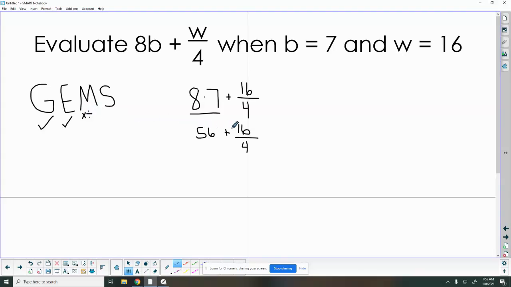So there's an add. Oh, here's a divide sign. So 16 divided by 4. So we are doing this part here. So go ahead and do that. Bring everything else down. So 16 divided by 4 is 4 plus 56. 56 plus 4 is 60. So when we evaluate this expression, the value is 60.